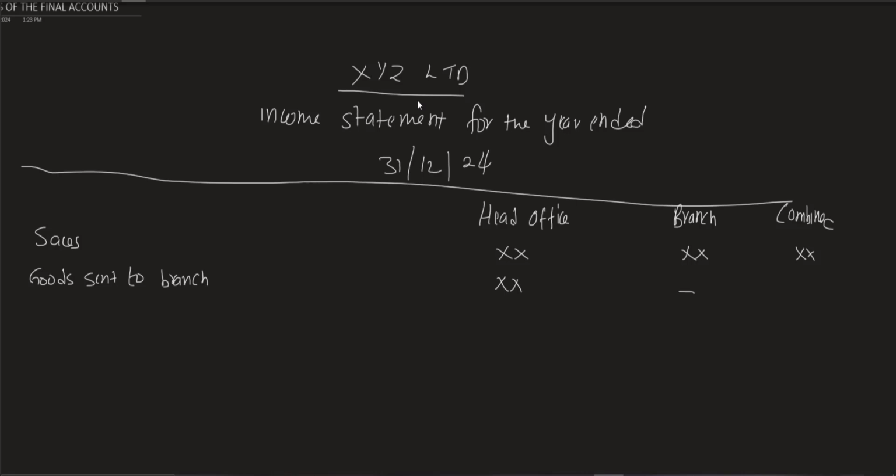Here we don't have any. And then we have less goods stolen in transit. If we have any goods that were stolen, less goods stolen in transit. And that will give us the net sales.